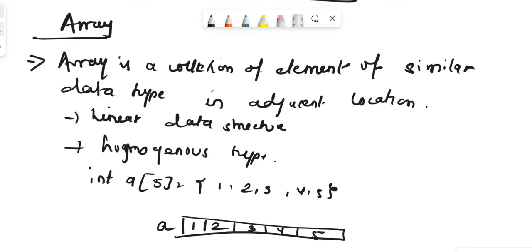If you see the memory location, suppose it is of integer type, so it will increase by 2 bytes. Suppose the address of this location is 2, the next will be 4, then 6, then 8, then 10, like this.